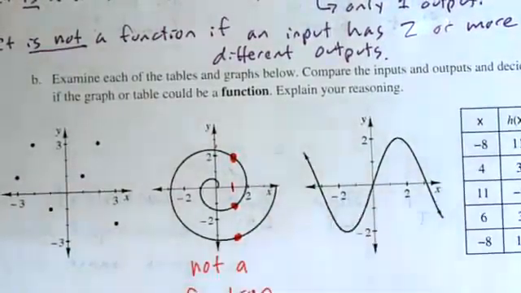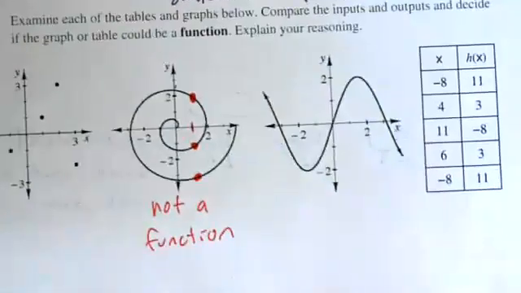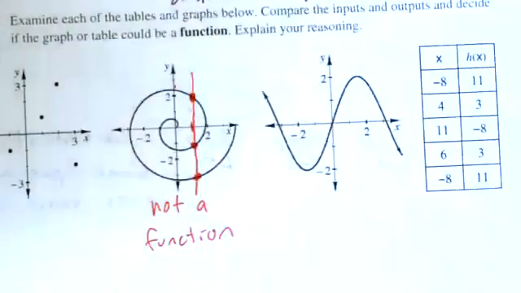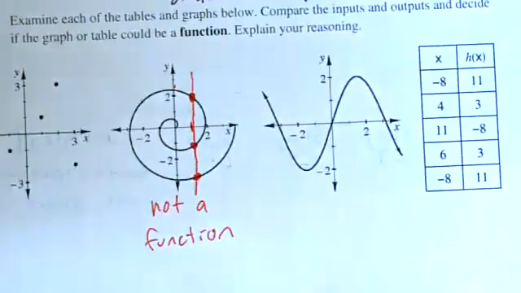So to make this a little bit easier on you, there's this cool test that you can do with a graph to determine if it's a function. Has anybody ever heard of the vertical line test before? So here's how it works. If you can draw a vertical line that crosses your graph in more than one spot, anywhere on the graph, then it fails the vertical line test and it's not a function.